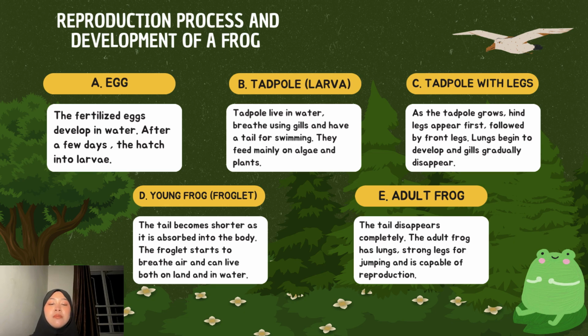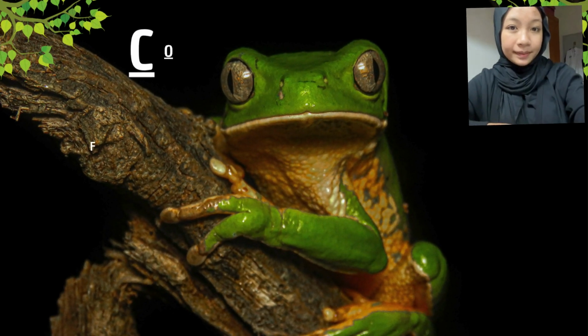The tail becomes shorter as it is absorbed into the body, and the froglet starts to breathe air and can live both on land and in water. Lastly, the tail disappears completely. The adult frog has lungs, strong legs for jumping, and is capable of reproduction.